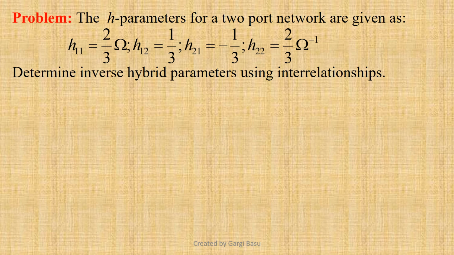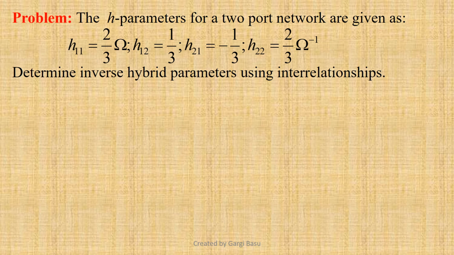Now let us solve a couple of numerical problems to have hands-on practice on implementation of the interrelationships developed so far. In this problem, the H parameters for a two-port network are given as H11 equals 2 by 3 ohm, H12 equals 1 upon 3, H21 equals minus 1 upon 3, and H22 equals 2/3 mho.